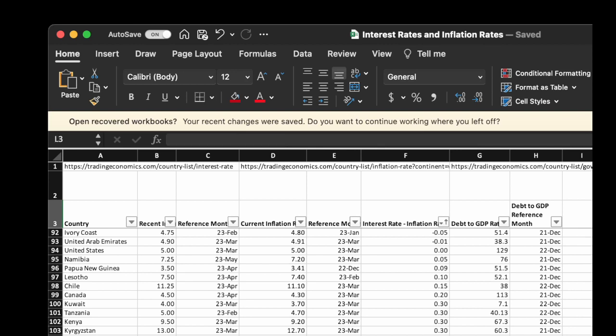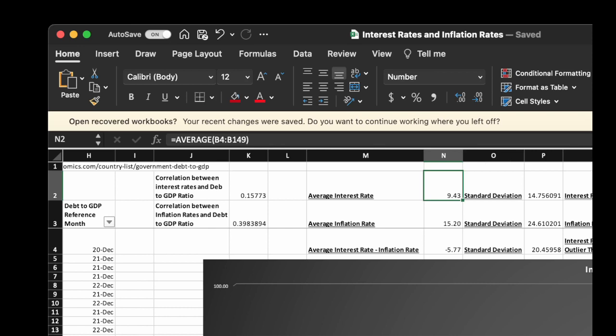Now, as we scroll over, I also took the averages of the interest rates and the inflation. I've factored in the standard deviation, and then I found the outlier threshold. Now, to those familiar with z-scores, essentially to find an outlier, there's debate. Some people will say an outlier is 3 standard deviations beyond the mean. Others say it's 2.5.